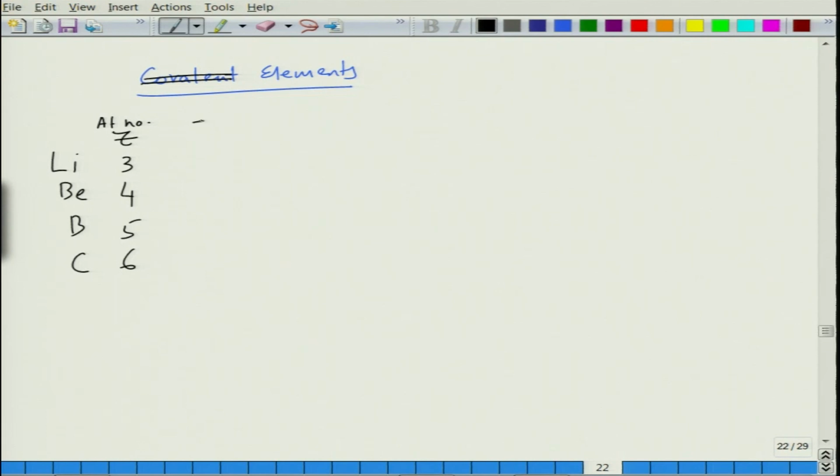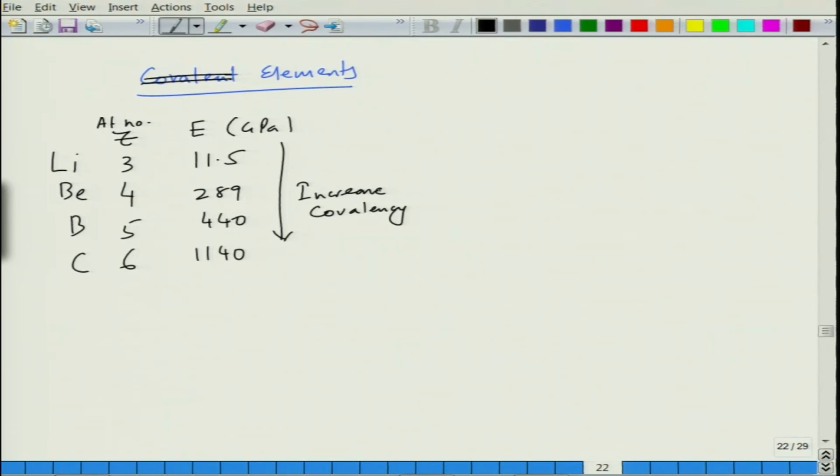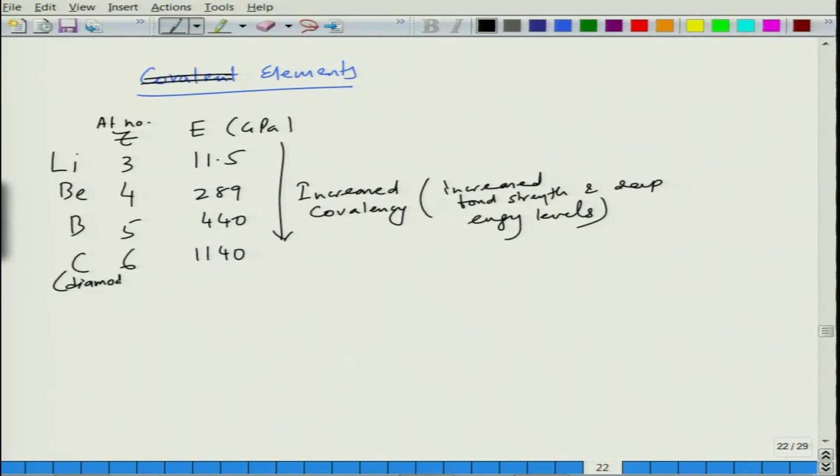Now, the modulus value, the E value in GPa, goes from 11.5 to 289 to 440 to 1140, and this is related to increased covalency, increased bond strength and deep energy levels.